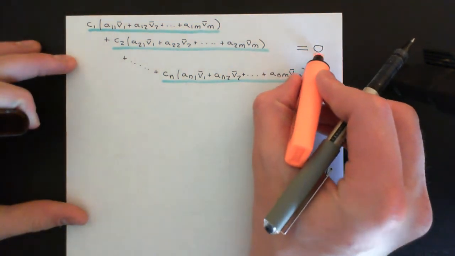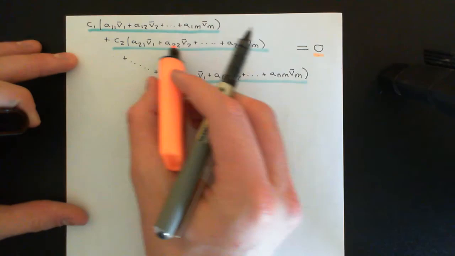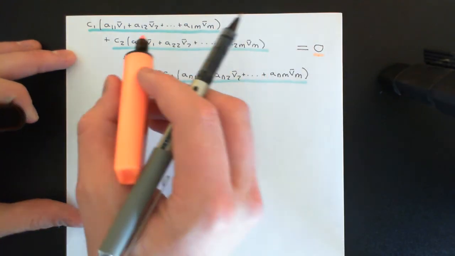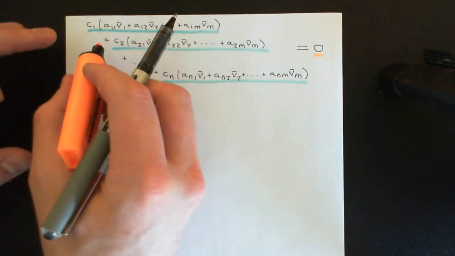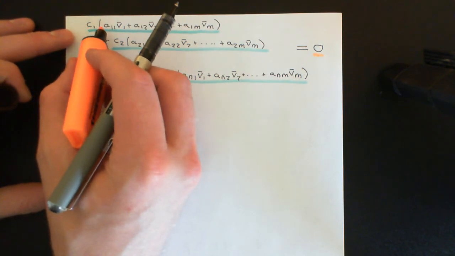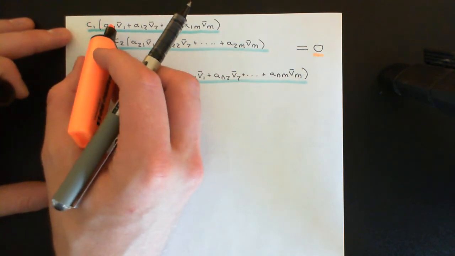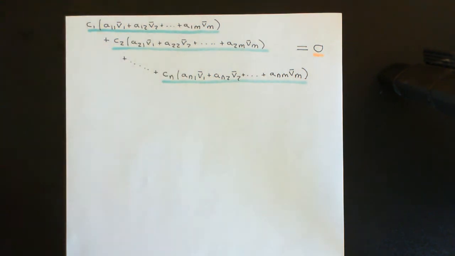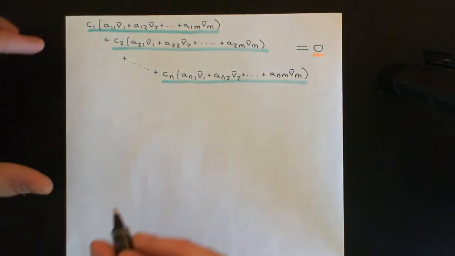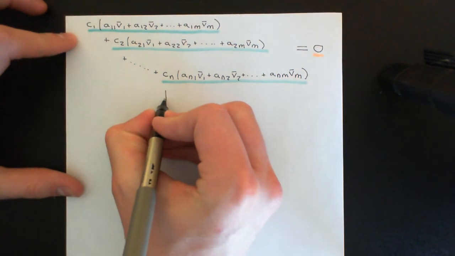Okay, so what I'm going to do then is apply distributivity and expand all of these. Then I'm going to apply associativity to change it from being a vector scalar multiplied by two scalars to being the two scalars multiplied together in the field, and then scalar multiplying the vector. So I'm going to do two steps here.